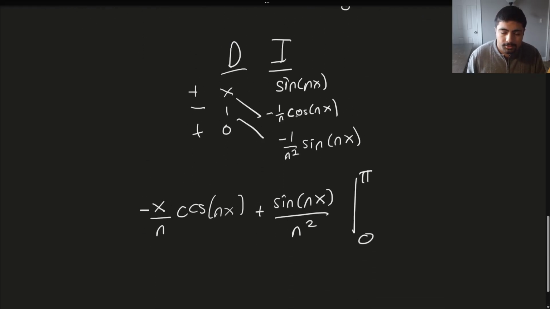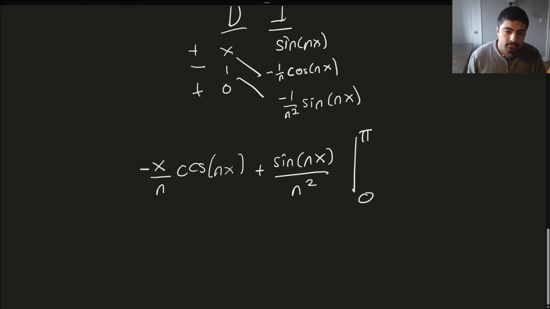Okay? Now that we know this, we can just go ahead and plug in for this interval. So we will have negative pi over n cosine of n pi. Cosine of n pi, guys, will be negative 1 to the n power.